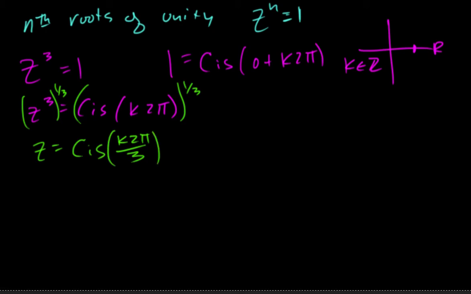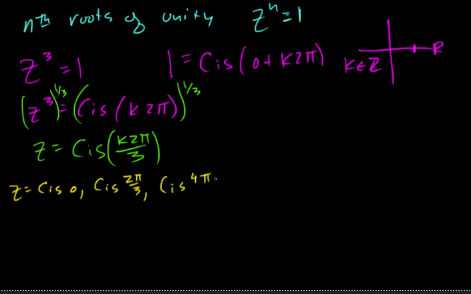Now we're going to plug in 0, 1, 2, because we're only doing 3 roots this time. If I plug in a 0, we get z is equal to cis 0. If we plug in a 1, we get cis 2 pi thirds. And if we plug in a 2, we get cis 4 pi thirds.